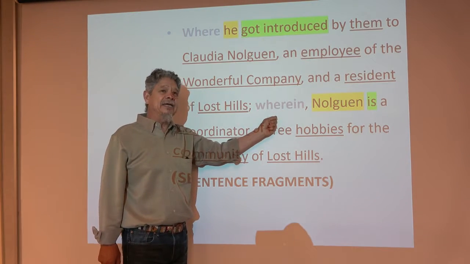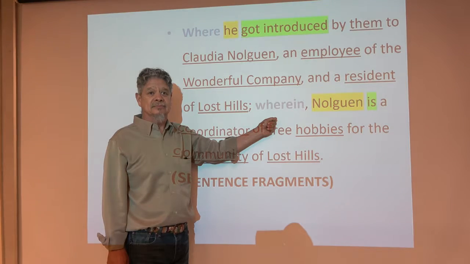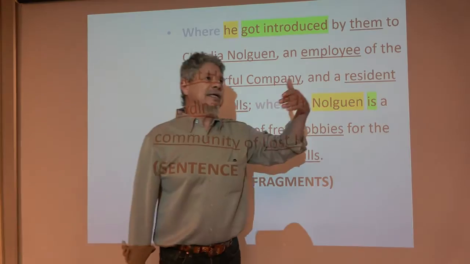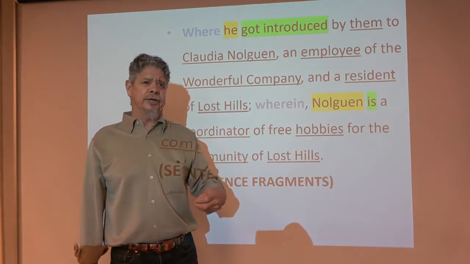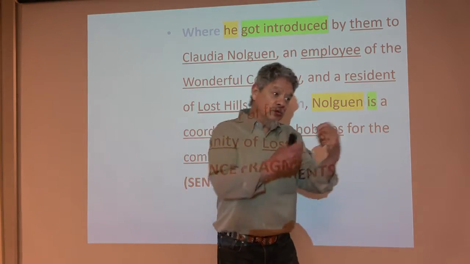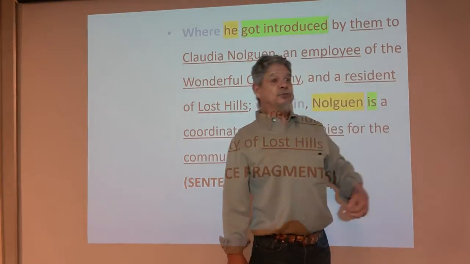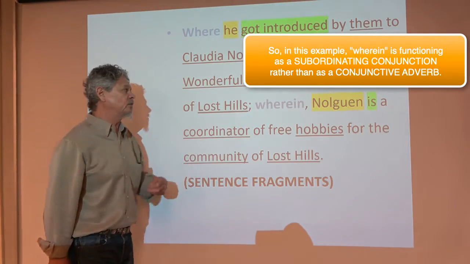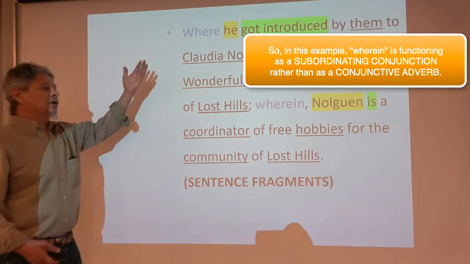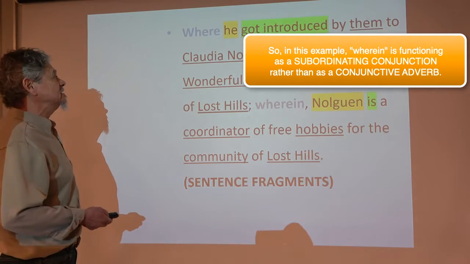The writer is thinking that this is a conjunctive adverb, but wherein is not a conjunctive adverb. What does it mean? Wherein, in, there. It's a kind of legal word. They made a contract in which, but you can say they made a contract wherein he was supposed to pay her every month $100. A contract in which. Okay? So we're going to work on avoiding sentence fragments.